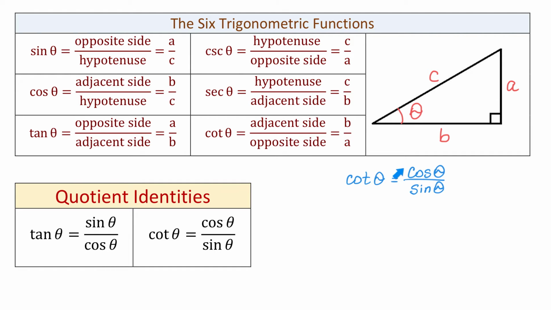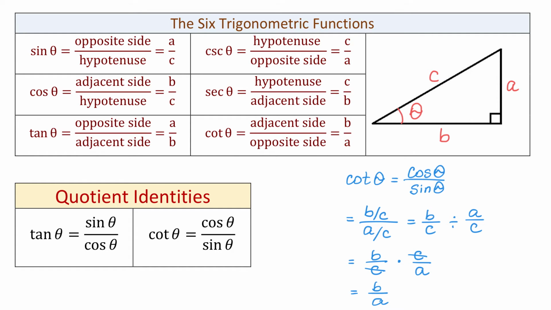Now we will replace cosine of theta with B over C and sine of theta with A over C. So we will have B over C divided by A over C. Now let's flip the second fraction and have B over C times C over A. Then C and C will cancel, and the result will be B over A. And this is the value of cotangent.